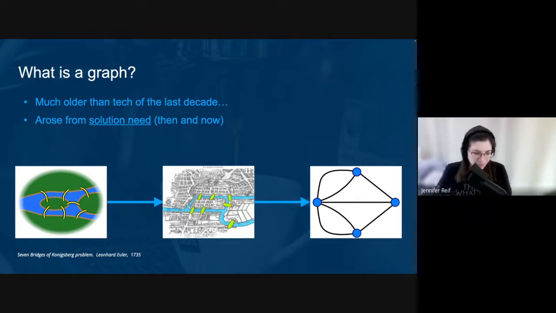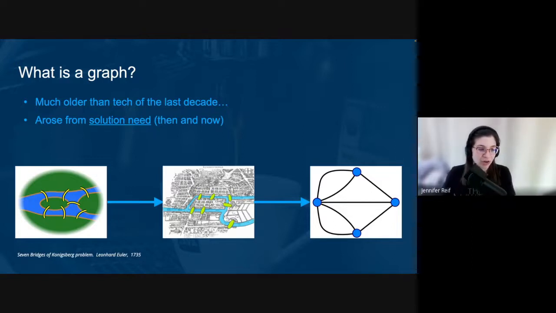Initially, graph theory, which is the basis of the technology, was founded back in the 1700s with Leonhard Euler. He was a mathematician, scientist, inventor, as is typical of that society at the time. A lot of your scholars were very well rounded and did a lot of different things.